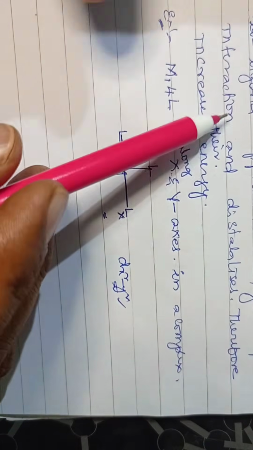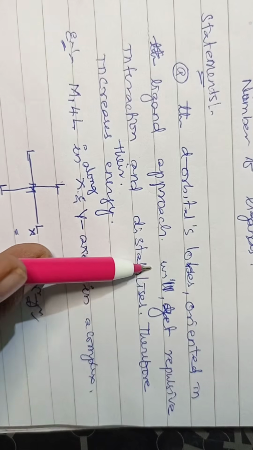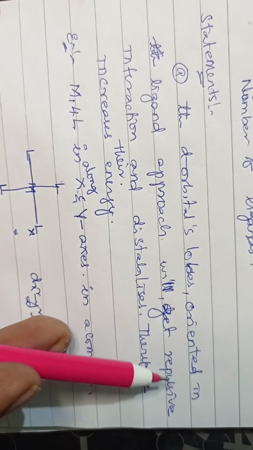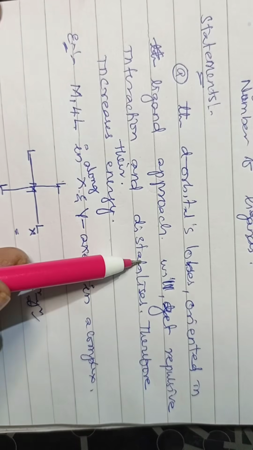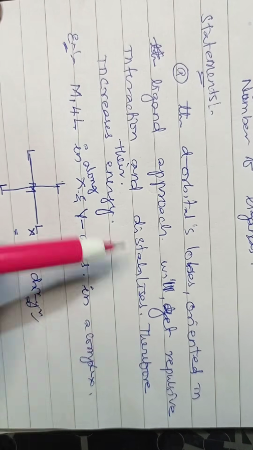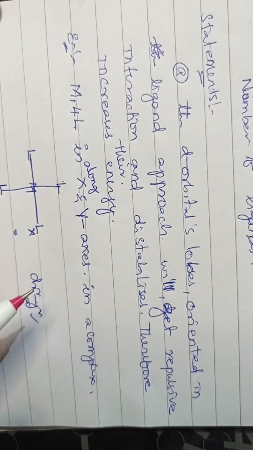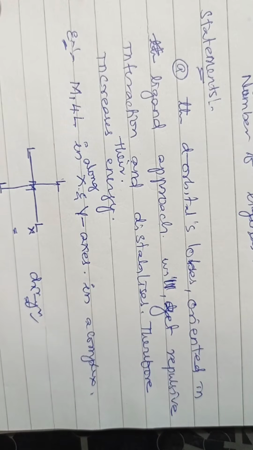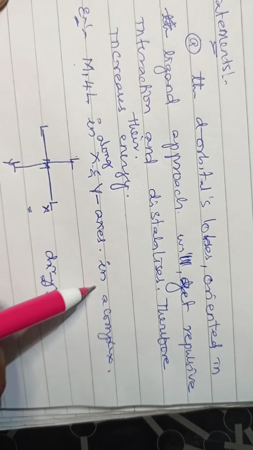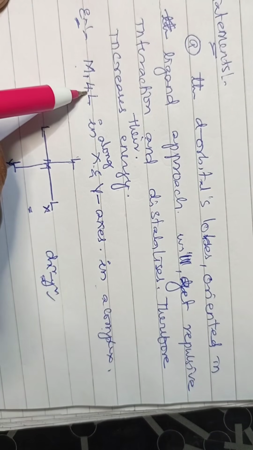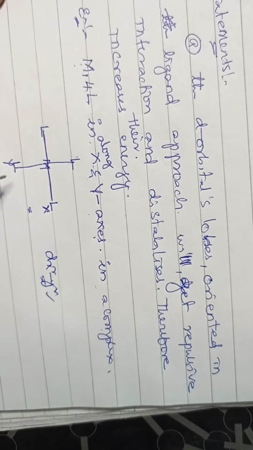Here the statement is what? The orbital lobes which are along the ligand approach in a metal complex get repulsive interaction and get destabilized. When they get destabilized, they rise in energy, reaching a higher energy level, right? So here, for example, we consider that in a metal complex, 4 ligands are around the metal along the x and y axis, like this.